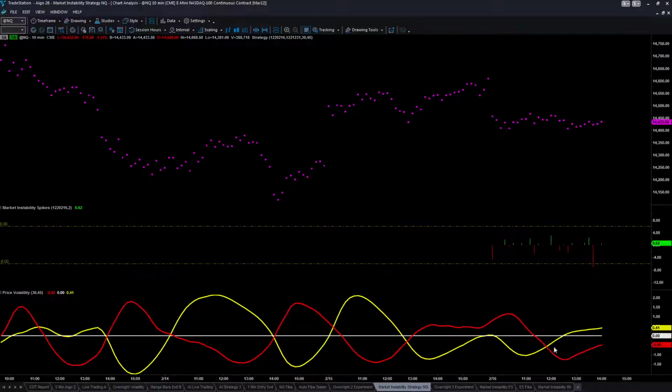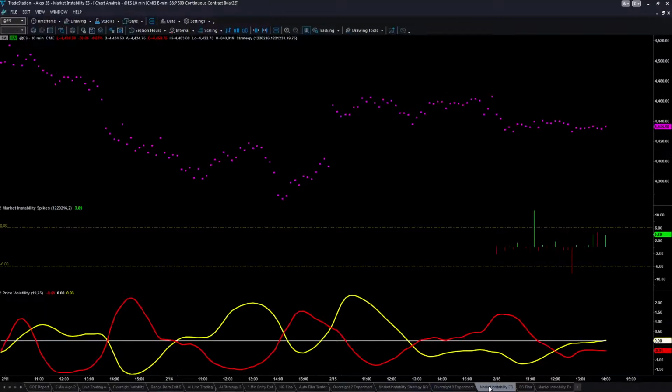Now, volatility is measured by the red trace, and price is measured by the yellow trace. Okay, so volatility is red, price is yellow right here. And we've had no movement here at all. Nothing significant right here on that.